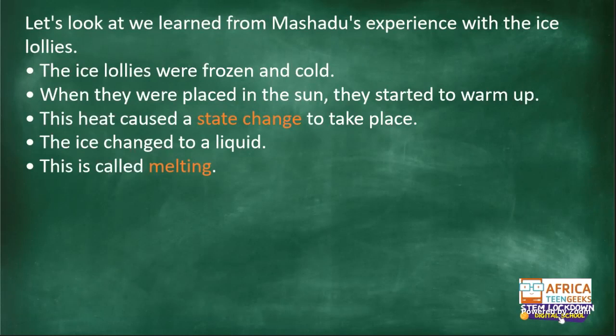We touched on this yesterday. The particles in liquid water move around more freely than the closely packed particles in ice. If you were to see through a microscope, you'd see these round little particles, and in liquid, they move around freely, but in ice, they're more compacted.